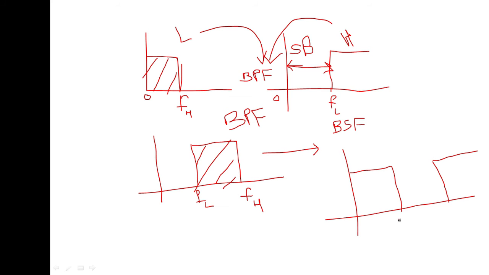Means here FL is the lower cutoff frequency and FH the upper cutoff frequency. Whatever this shaded portion area is, this signal is allowed to pass through. Means only this particular band will be attenuated. Hence, it is called the band stop filter.